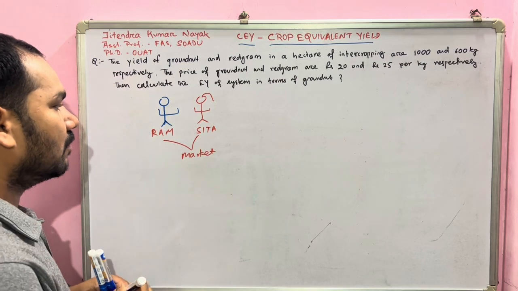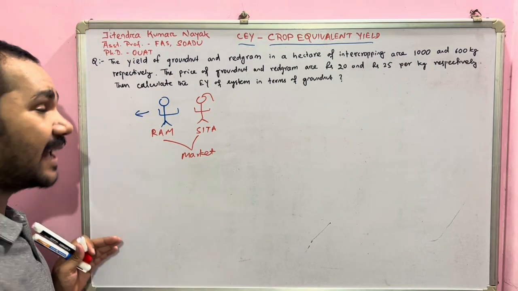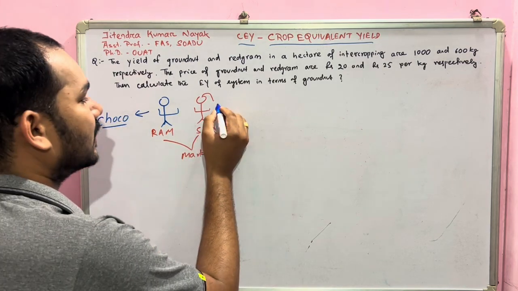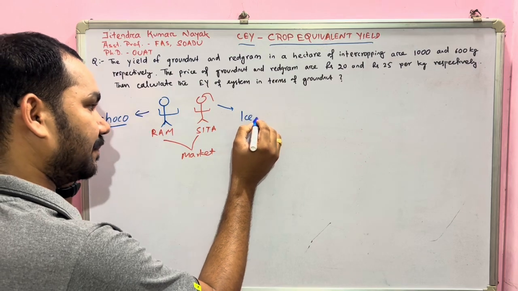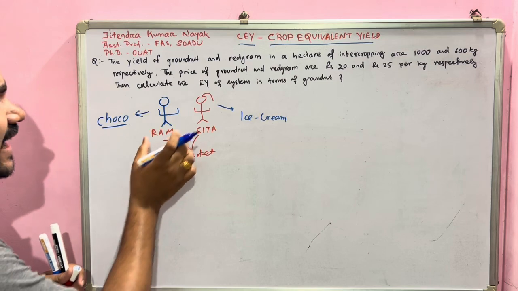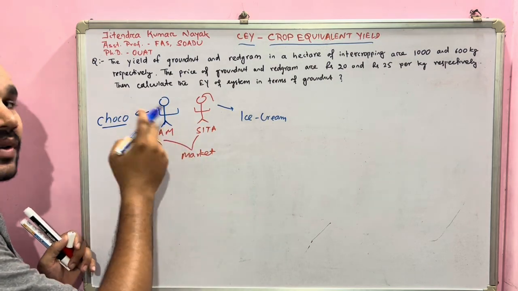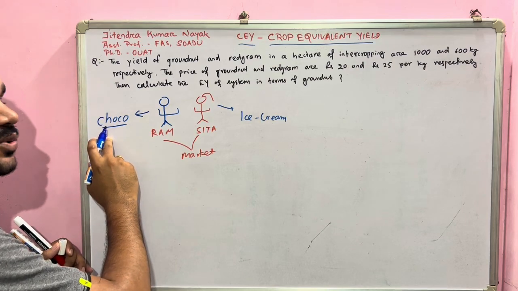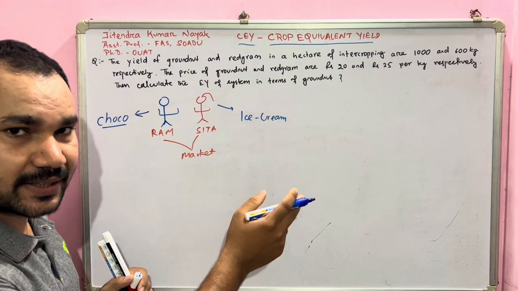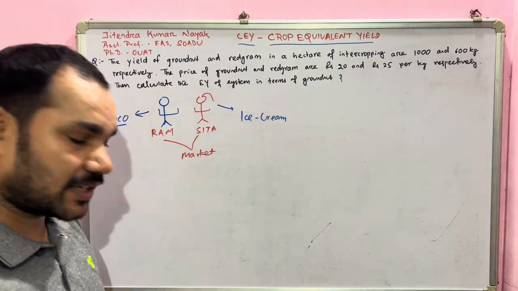Ram likes to eat chocolate, whereas Sita likes to eat ice cream. But as they have gone to the market together, Ram will eat both ice cream as well as chocolate, and Sita will also eat both chocolate and ice cream, because they will be sharing it.